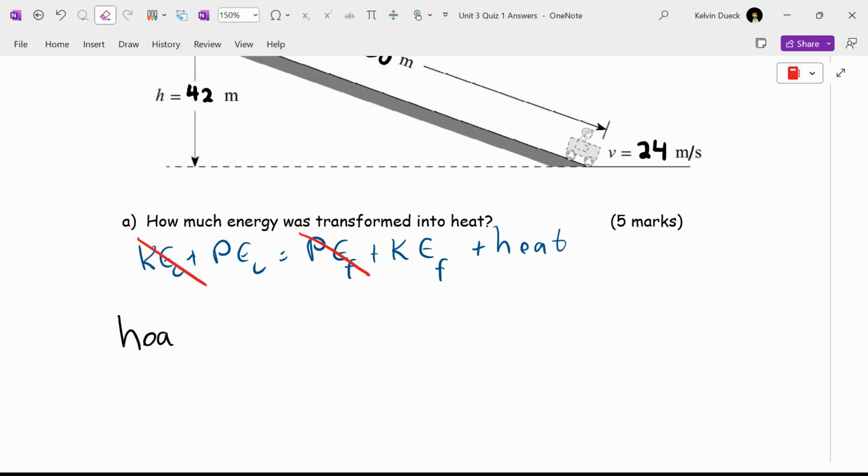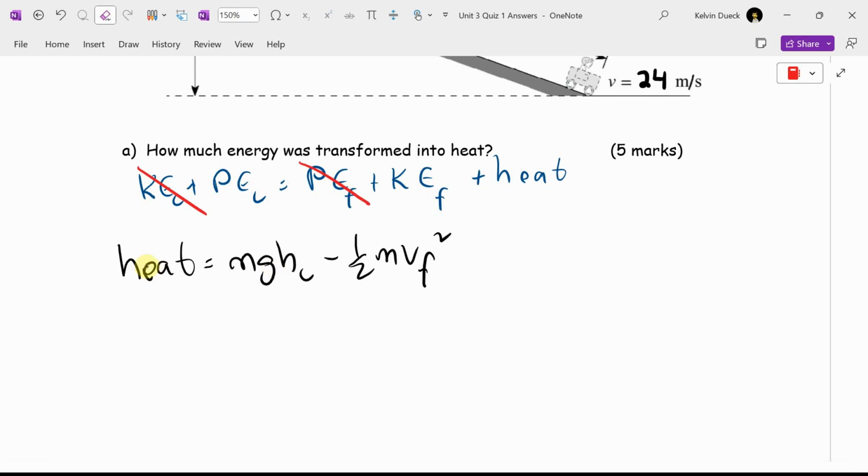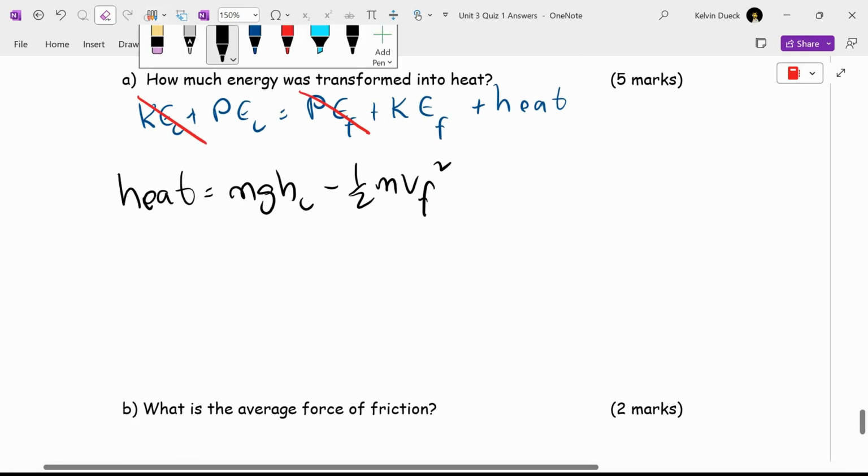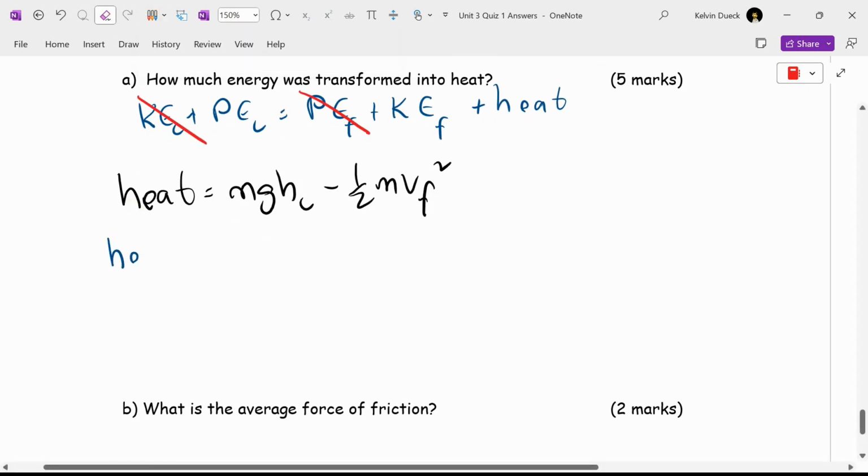Heat is going to be mgh initial minus a half mv final squared. Trying to get the heat by itself, right? Wouldn't I move the KE final to there? I think so. Heat. Do the m's cancel? There's no m in heat.